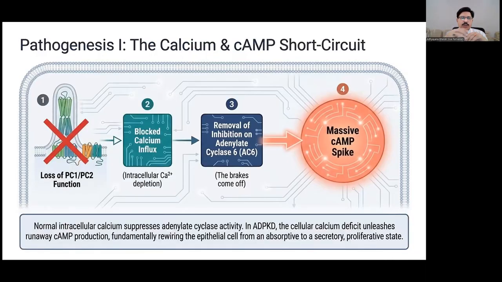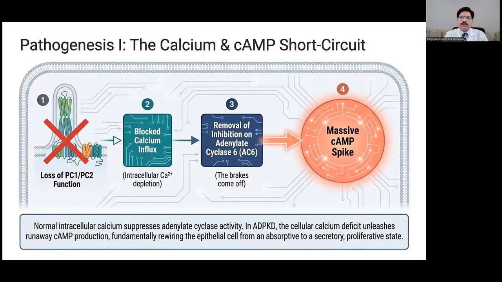Now let us see the next one. So loss of PC1, PC2 function is there. The first step, that is the cilia of the tubular cell. Then what happened? Calcium influx is blocked. Earlier calcium channels were open because of the PC2. Now calcium channels are not open. Calcium influx is blocked.